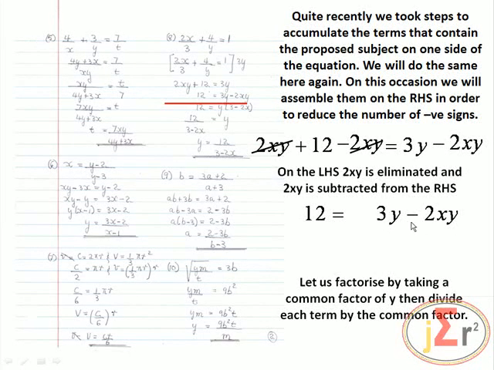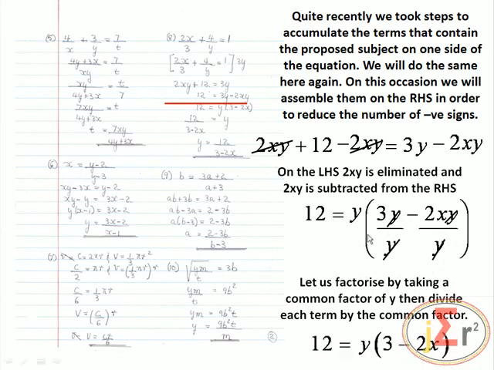Divide each term by the common factor of y. There we go. And what do we know? The y's are gone there to give 3 alone. The y's are gone there, we have 2x. So we have 3 minus 2x remains. Like that. 3 minus 2x.